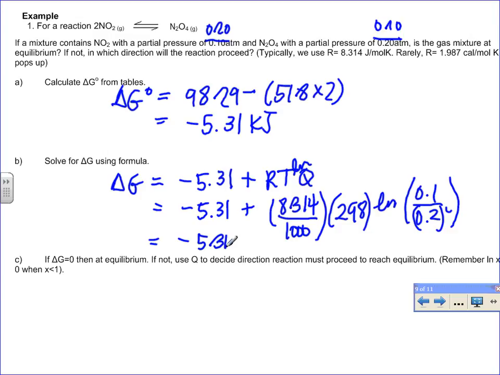Now I just need to take a moment and double check the calculation that was done here.